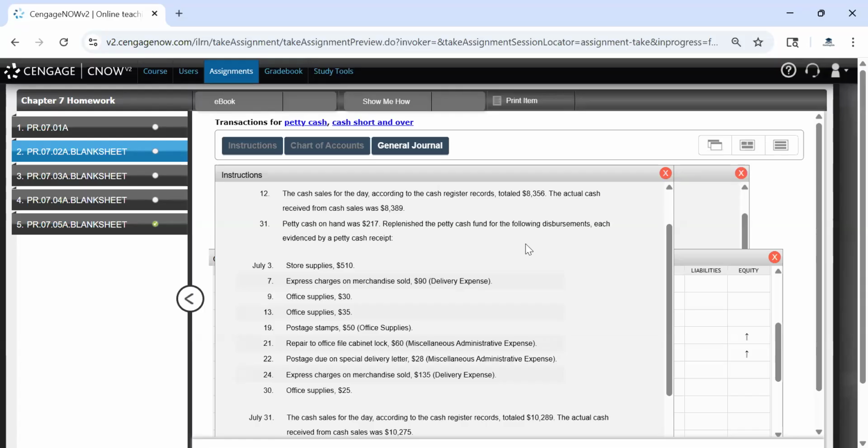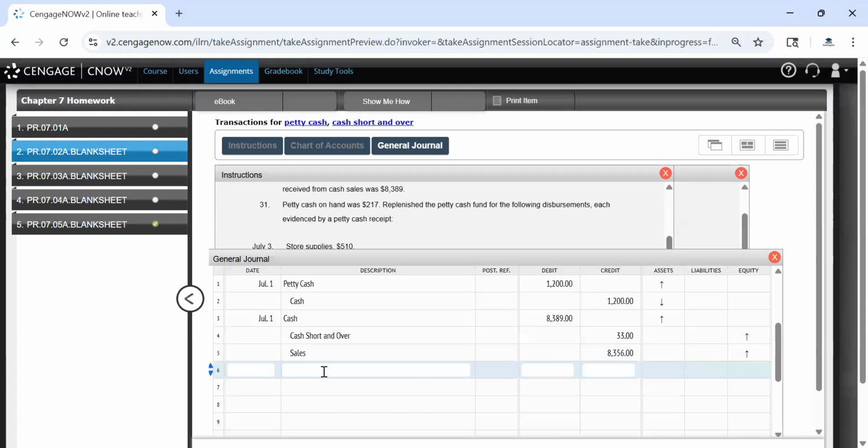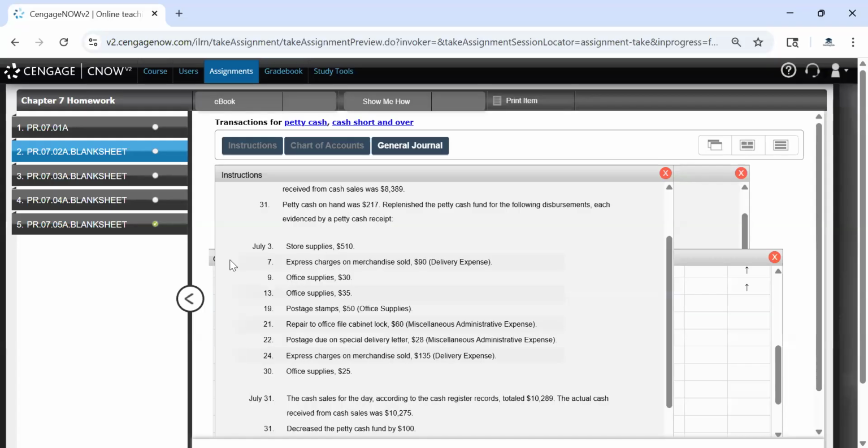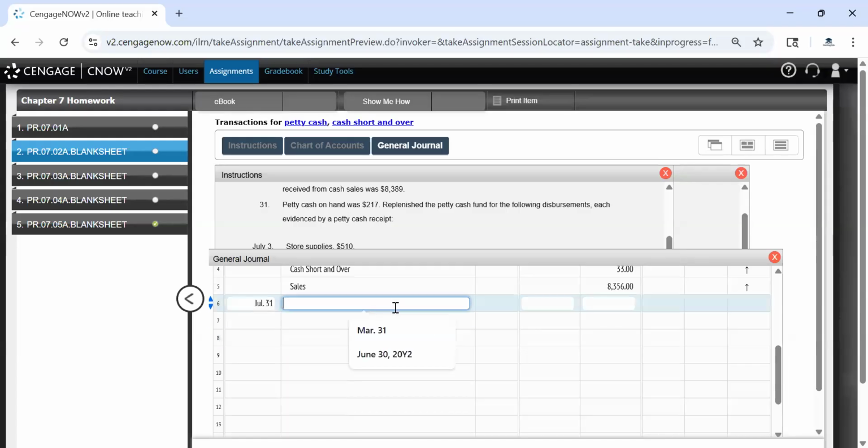So let's take a look at each and every one of these transactions. We're going to journalize this as of the 31st because that's when we counted the cash and replenished it.